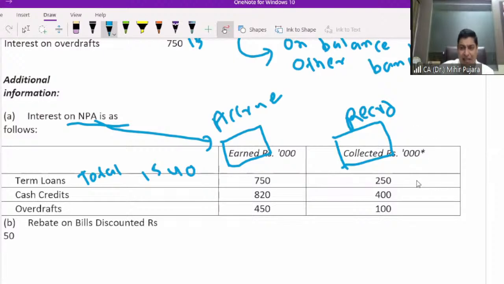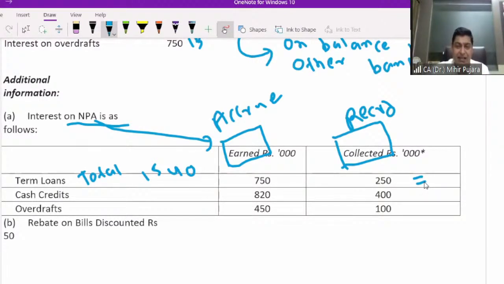So tell me, what is the final correct interest to be taken in the profit and loss account? We learned income recognition in P&L and understood that on standard accounts it should be on accrual basis, but on NPA it should be on receipt basis.